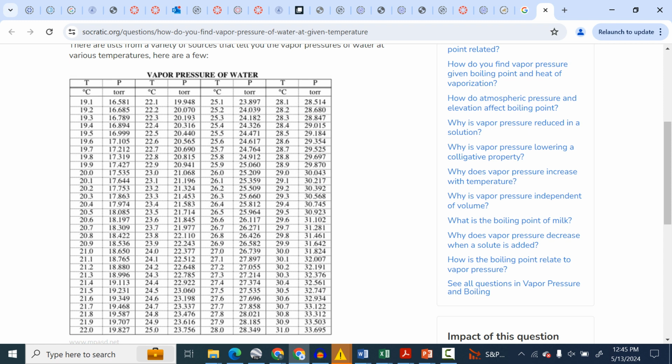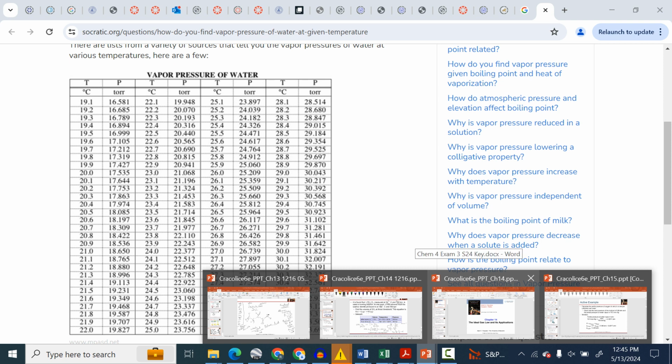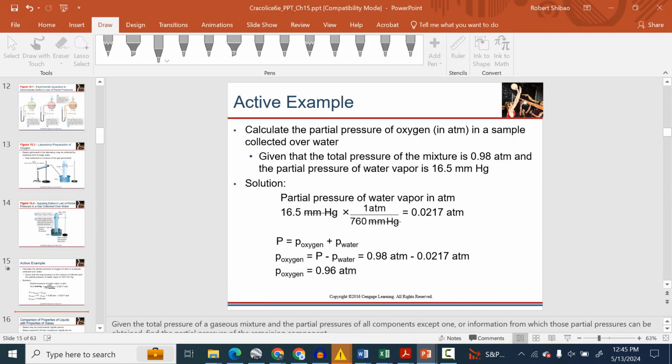If the temperature is 24.0, we get this, etc. Somebody else has already measured it. And so if we want the pressure of the gas, we have to subtract out the water pressure. And so we do that, and we get this 0.96 atmosphere of oxygen.